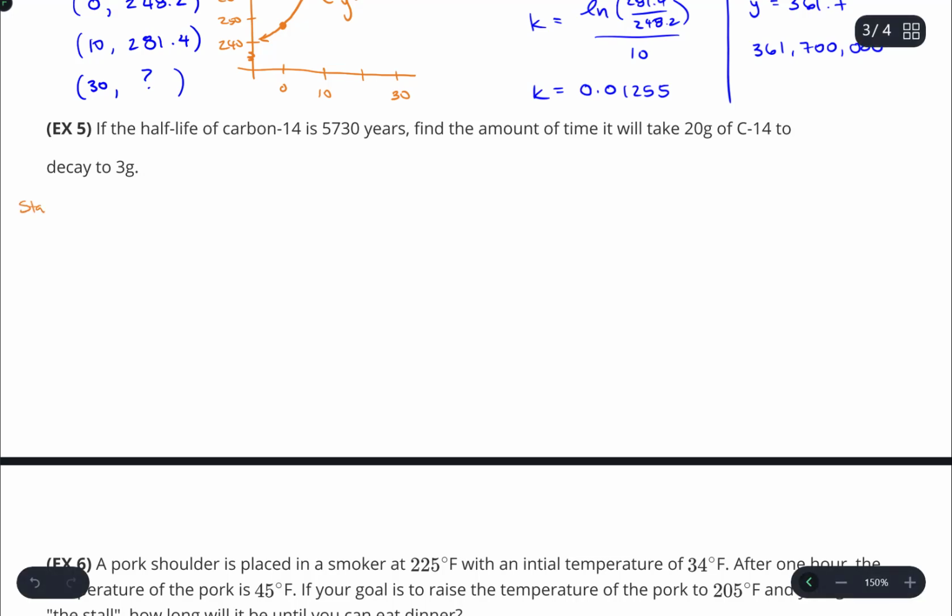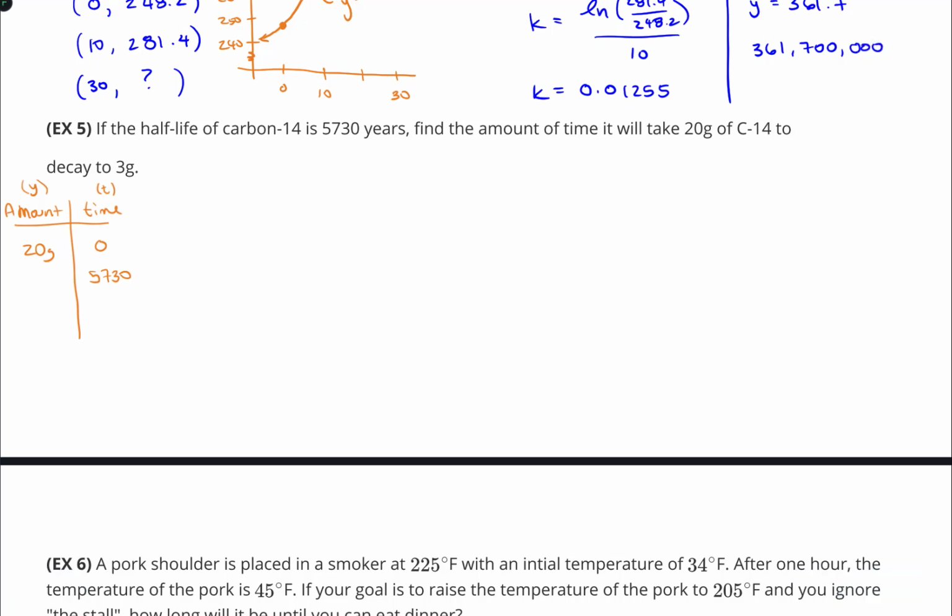So to start, let's just say amount and time. All right, so this is the variable y, and this is the variable t. So at time equals 0, we start with 20 grams. All right, then 5,730 years down the line, once that passes, half of the amount has decayed away.